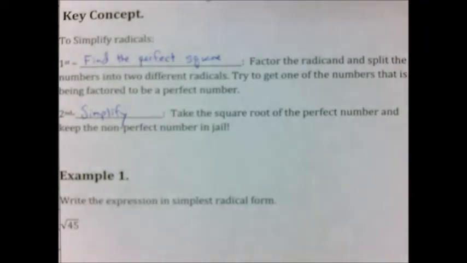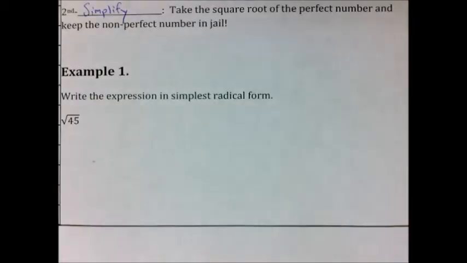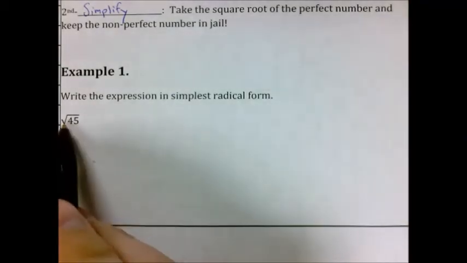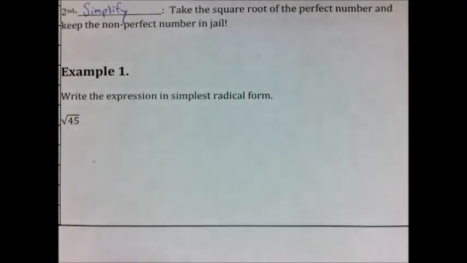Okay, and I'm going to explain what I mean by that with this first example. For example 1, we are asked to write the expression in simplest radical form, and we're given the square root of 45. What we like to think is that this square root sign is jail, and that number 45 is in jail, right? And we know that when you're in jail, the only way to get out is if you're perfect, right?